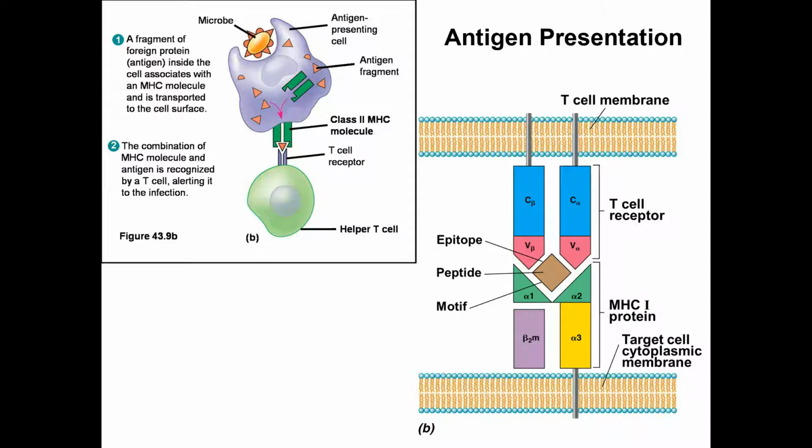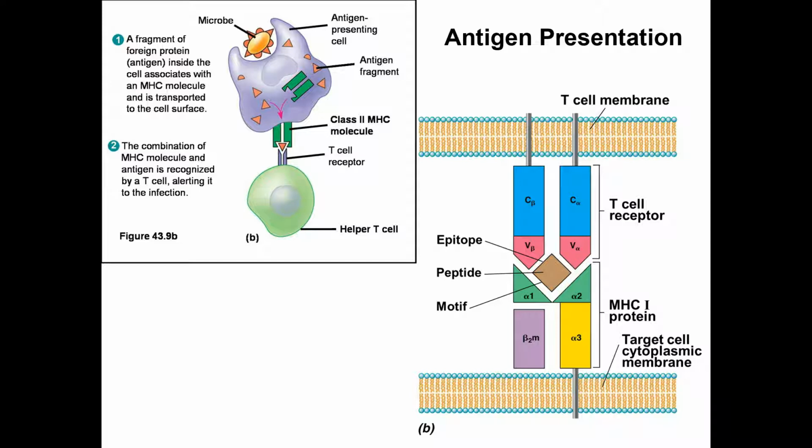Here you're looking at your little phagocytic cell that engulfed a bacterium. It's basically degraded that bacterium internally, and it's displaying antigens of that bacterium on its surface through MHC class 2 molecules.